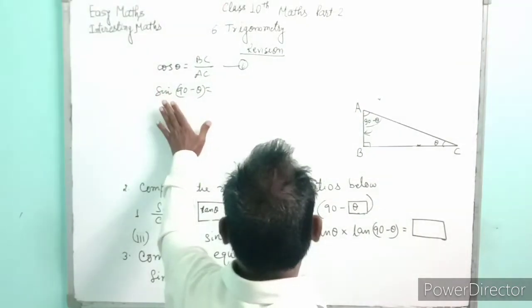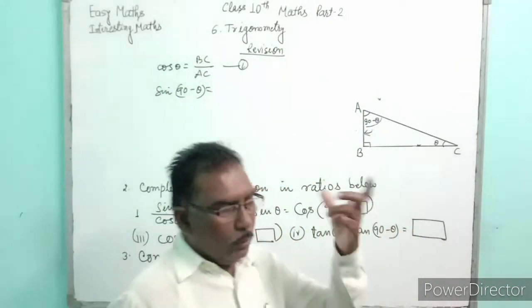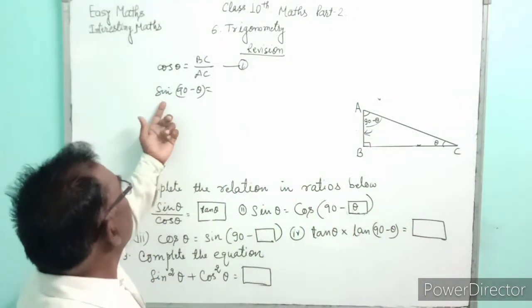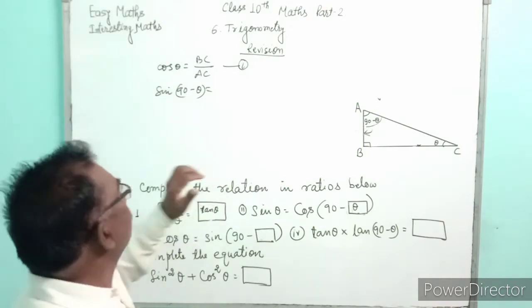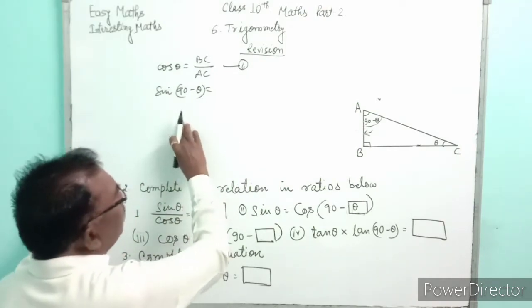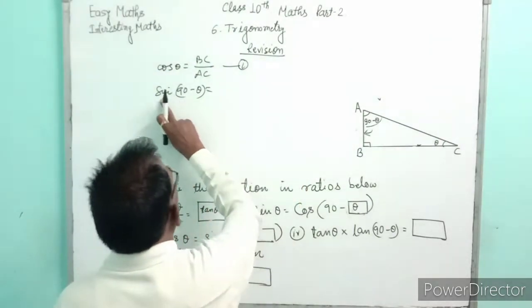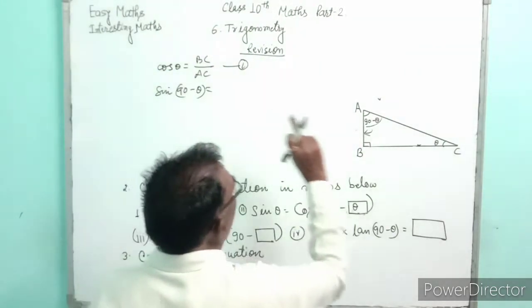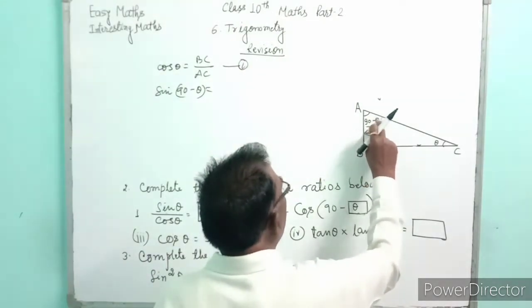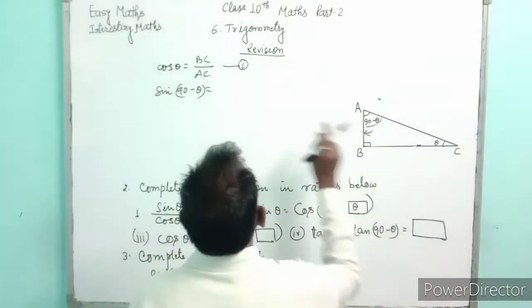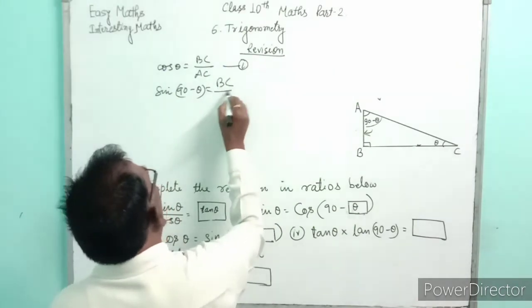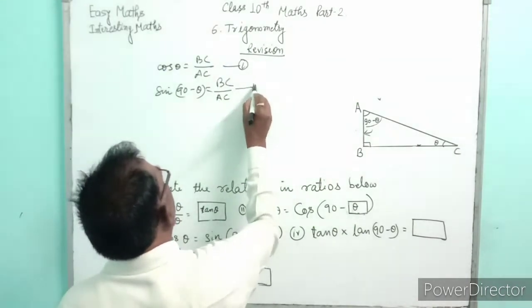So we are finding the sine ratio. The sine ratio is equal to opposite side divided by hypotenuse. So sin 90 minus theta is equal to the opposite side of angle 90 minus theta, that is BC, upon the hypotenuse, that is AC.